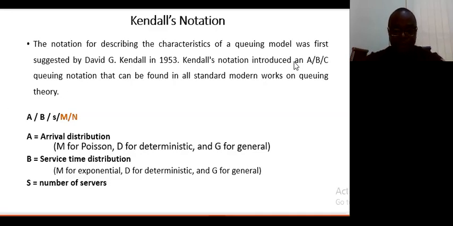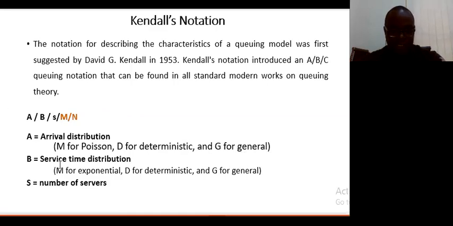All right, we represent that as A/B/S/M/N, where A represents the arrival distribution. We have said earlier that the arrival essentially follows a Poisson distribution. The arrival could also be deterministic. It could also be a general distribution.